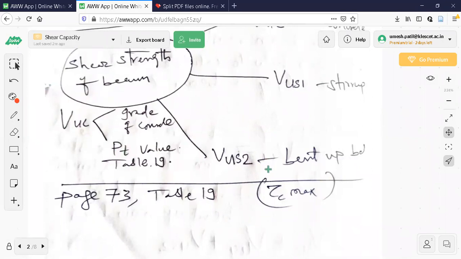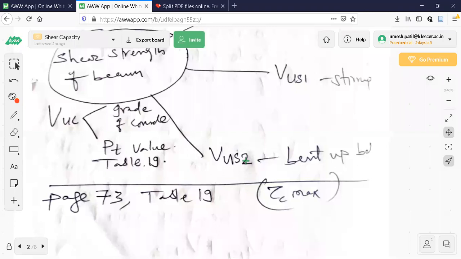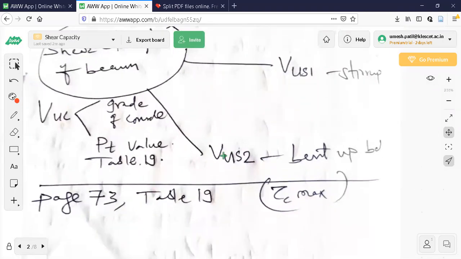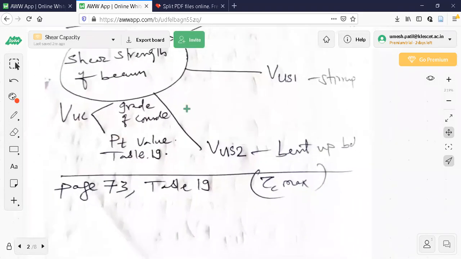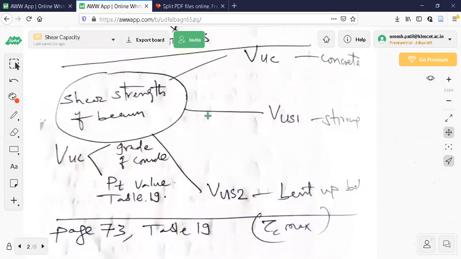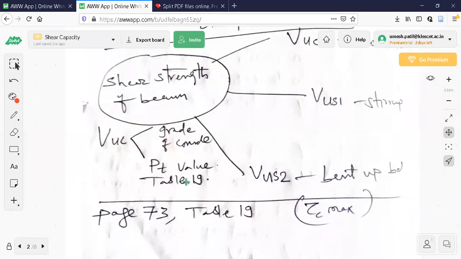Somebody has raised a hand, Sushma Tigdi. Now observe here. If there is any doubt, you can ask here. What I'm explaining here is how to find VUC. VUC can be calculated by using table number 19. For that, you should know the grade of concrete.